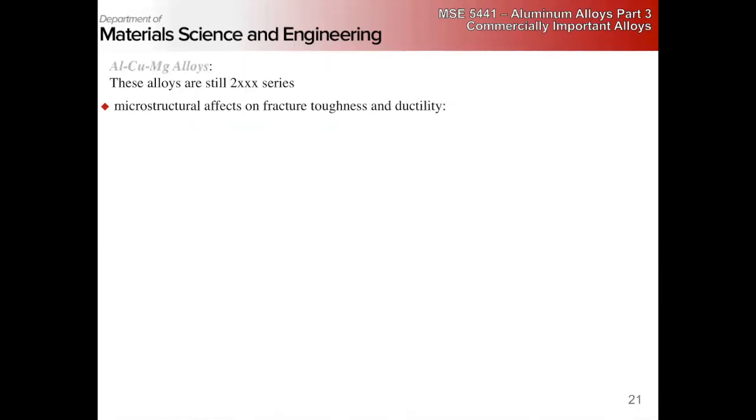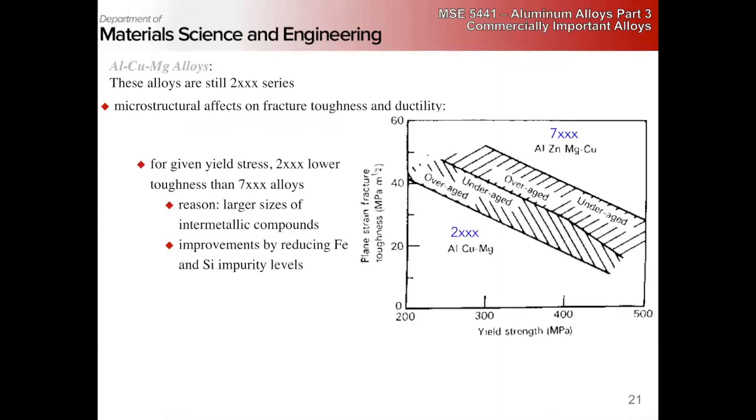Aluminum, copper, magnesium, like 2024, right? They're still part of the 2000 series, but there are strong microstructural effects on fracture toughness and ductility.